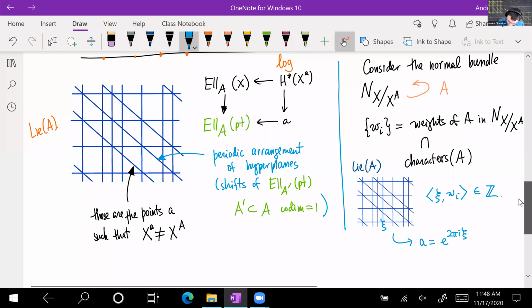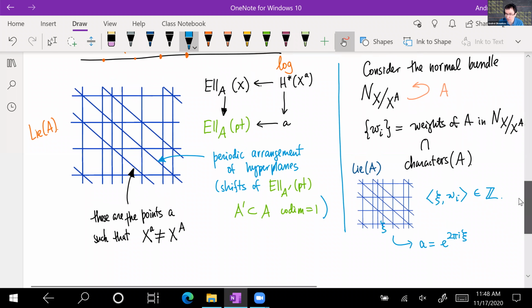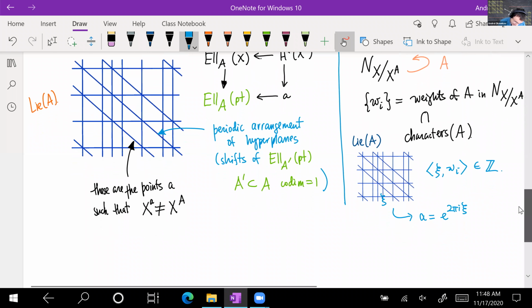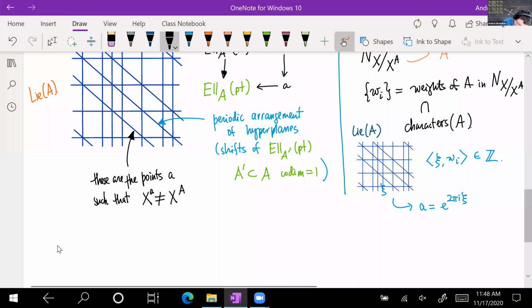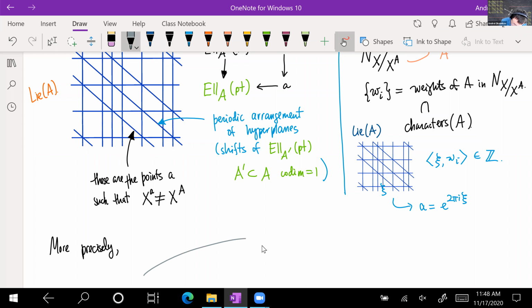And then, to be a little bit more precise, if we look at the fixed locus, then the weights in the normal bundle, since I have a symplectic form, appear in pairs.